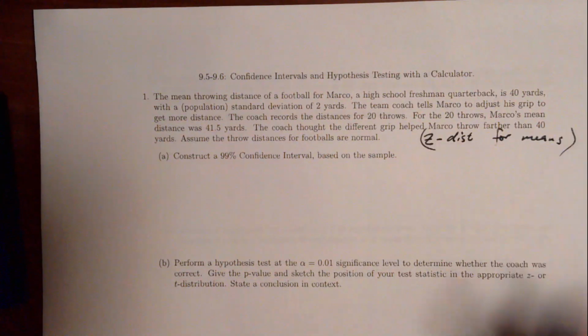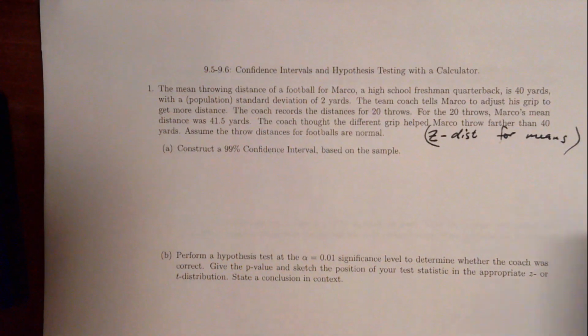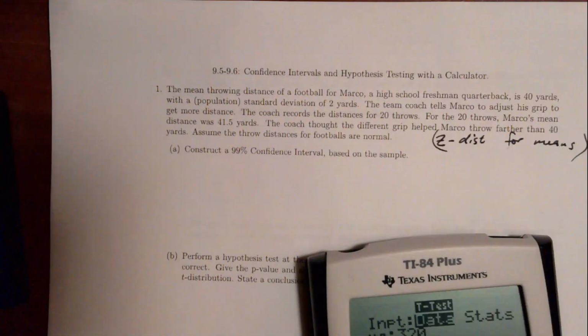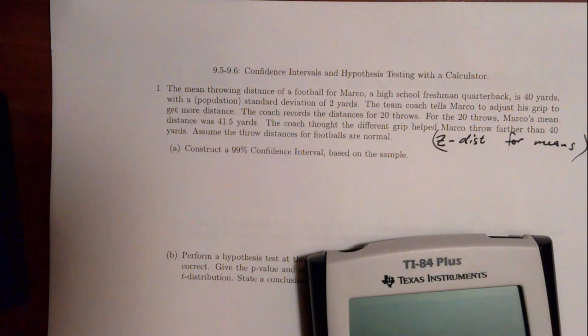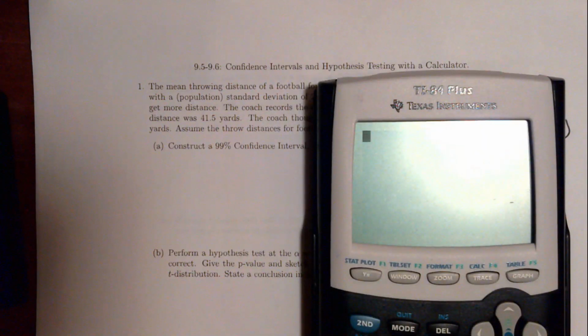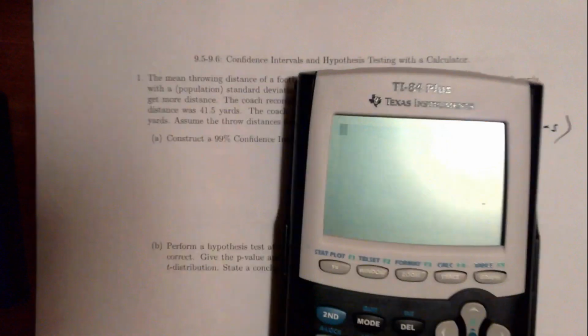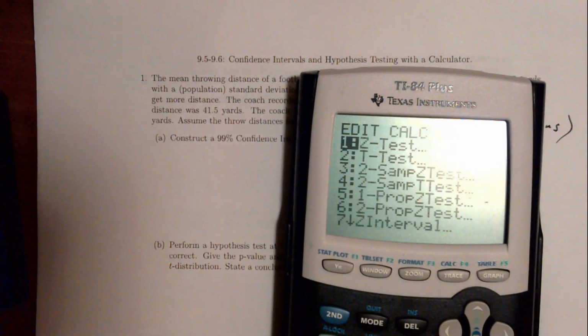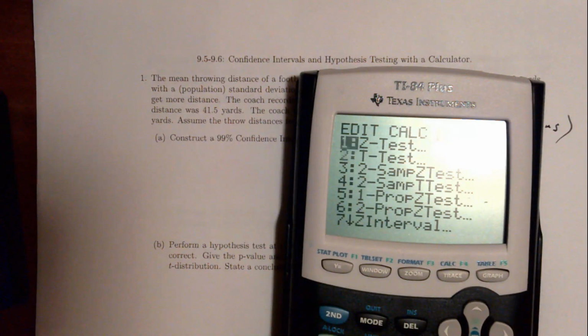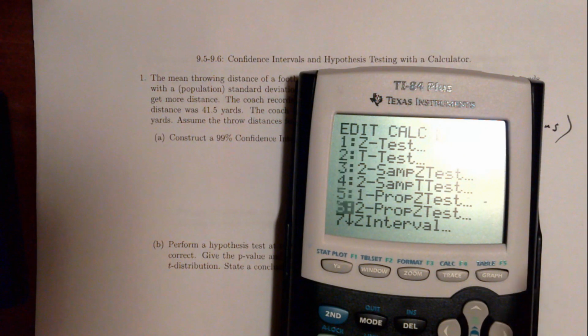So if we want the confidence interval here, and whenever you're in some weird screen, you can just do 2nd and quit to get yourself back to a regular screen. And so now, what do I want to do? I want to go over to tests here and find ourselves an interval for the confidence interval. So we go to z-interval.